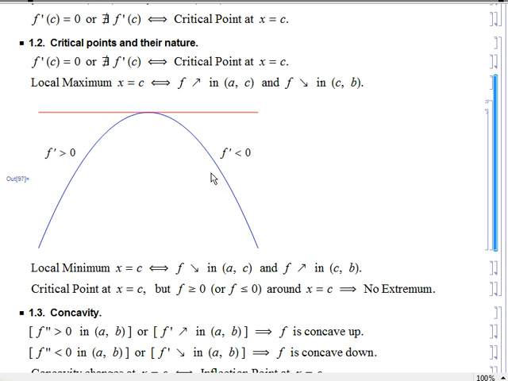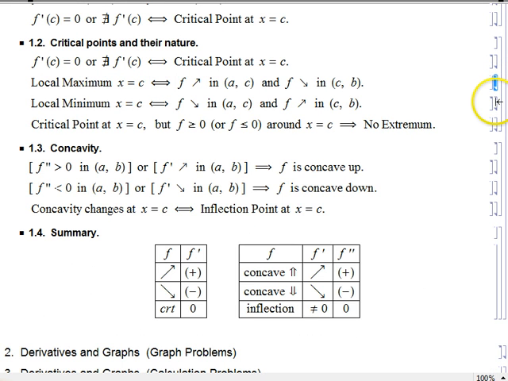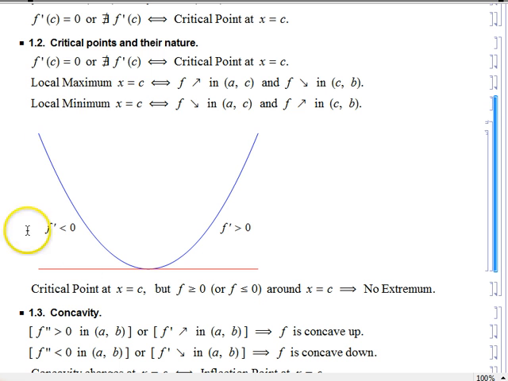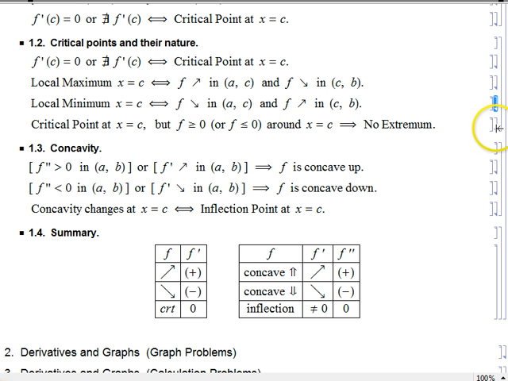So if you have the derivative function and you see a sign change, you're going to get a local maximum like that, or local minimum too if it is vice versa. Let me show you. Here's the situation for local minimum: decreasing, hits minimum and increasing. In terms of the derivative, negative derivative, hit a horizontal tangent, and then positive derivative.